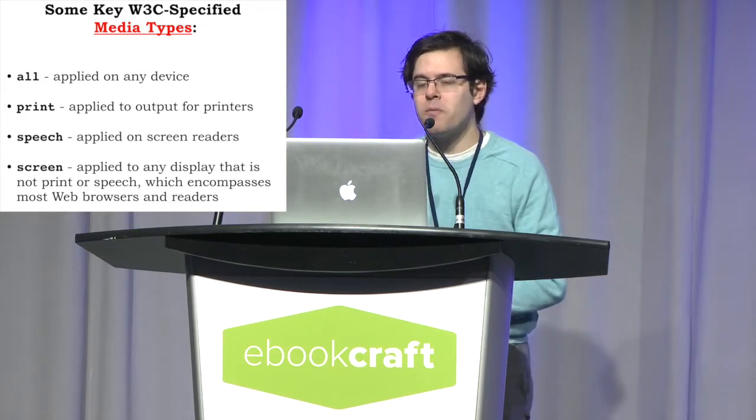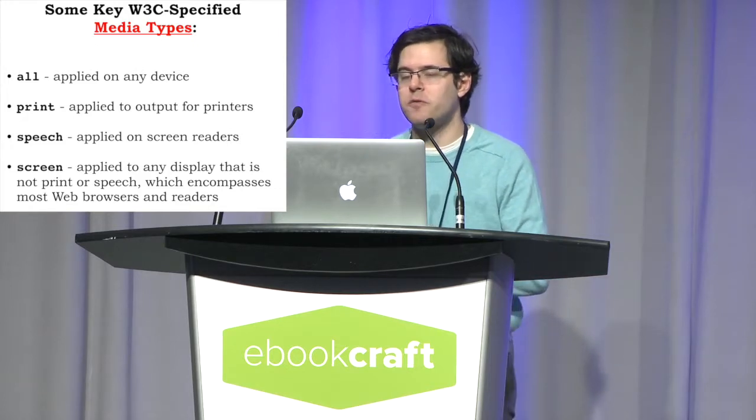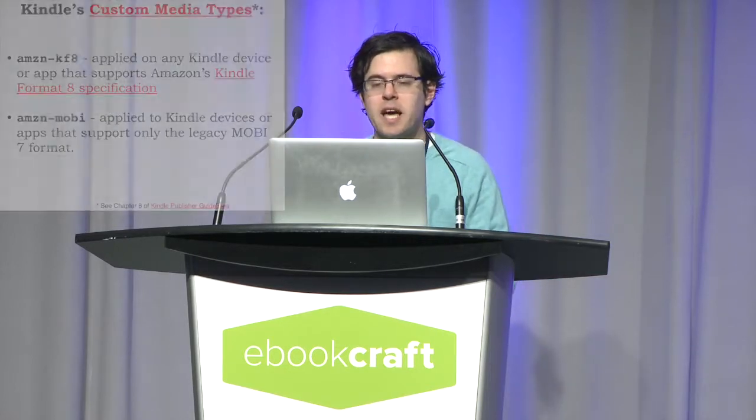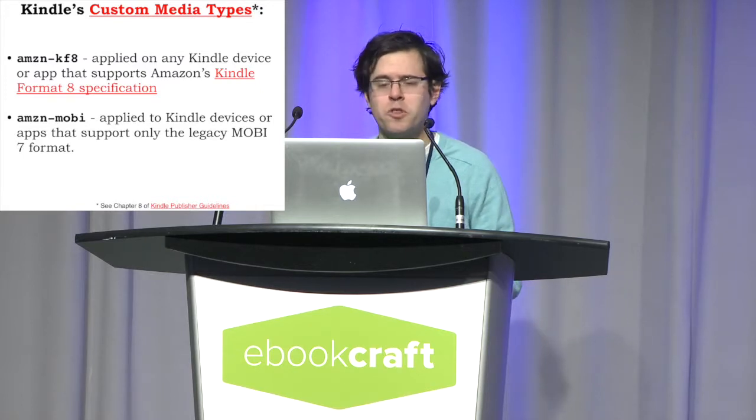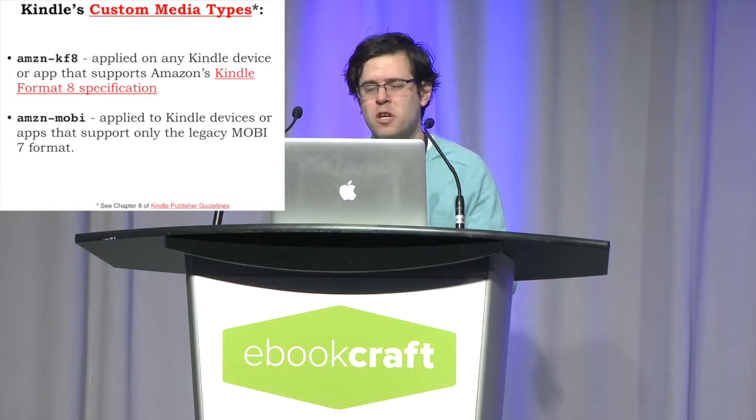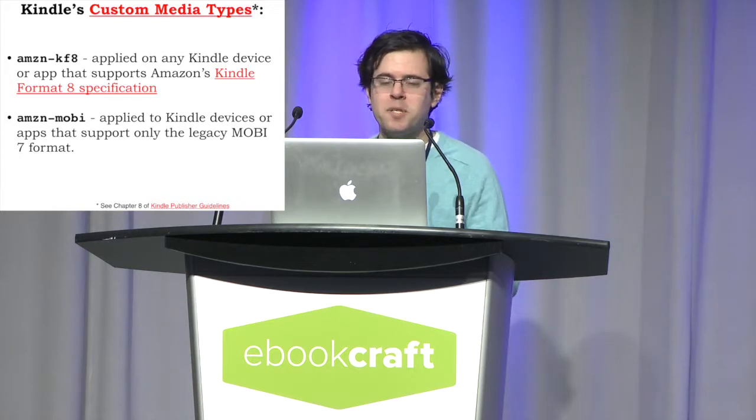But what's really helpful on the Kindle side, and I suspect a lot of you are really familiar with this, is that Kindle has 2 custom media types, which they developed with the release of KF8, which I think goes back almost 5 years now. The one media type is AMZN-KF8, which is for any Kindle device that supports the KF8 specification, which is sort of the latest Kindle specification.